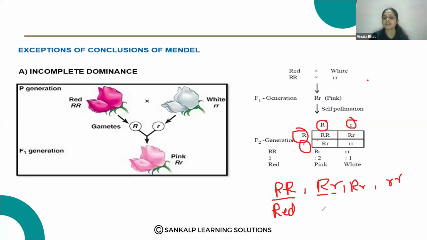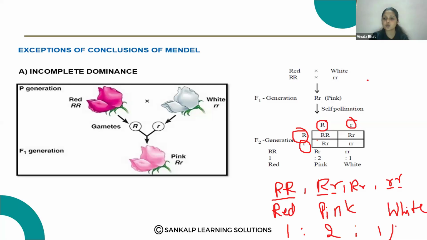Capital R small r means the intermediate, that is pink, and small r small r means white. Then what is the phenotypic ratio? Red 1, pink 2 and white 1.